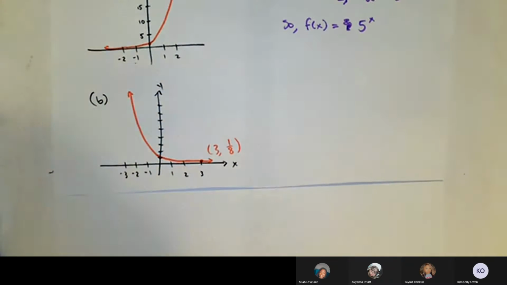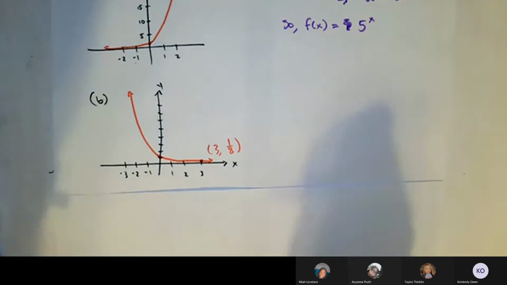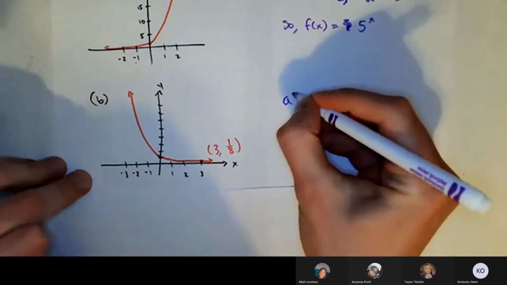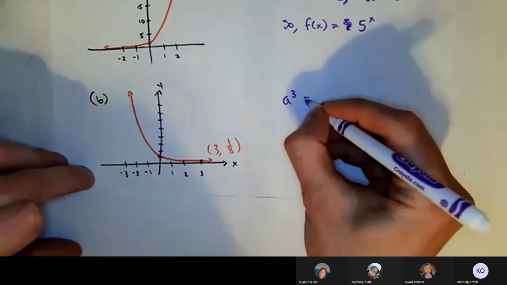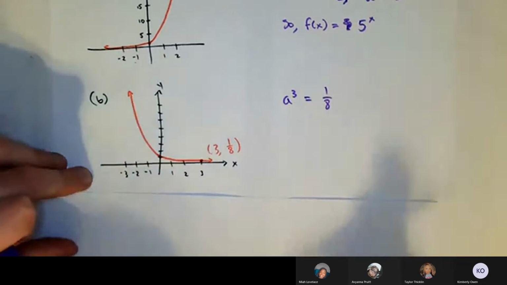So I'm going to have a raised to the 3rd power. Right, that's the input. A raised to the 3rd power should give me an output of 1/8.